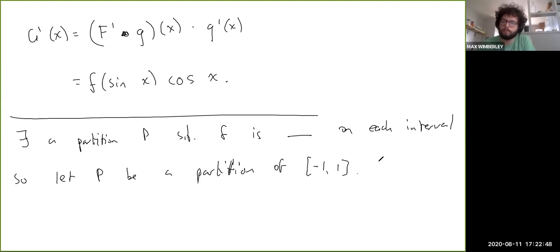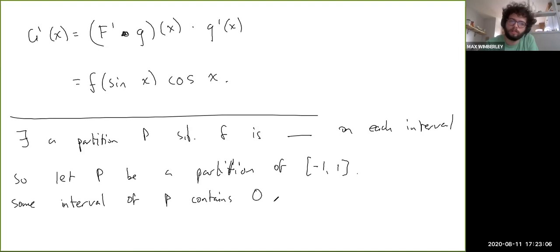Then you can just say, okay, some interval of P contains 0, right?